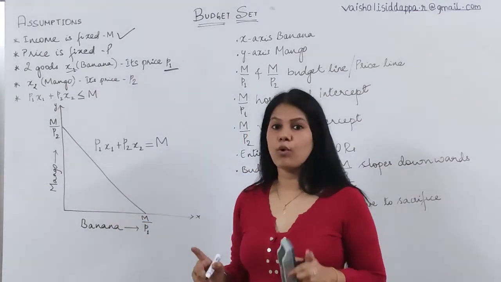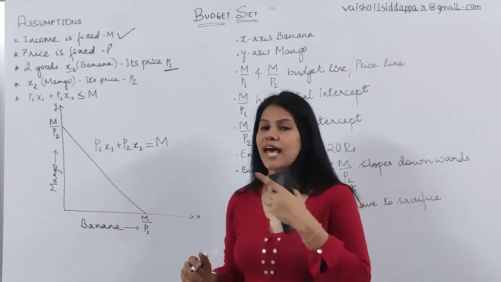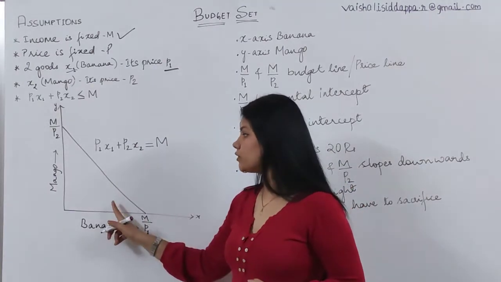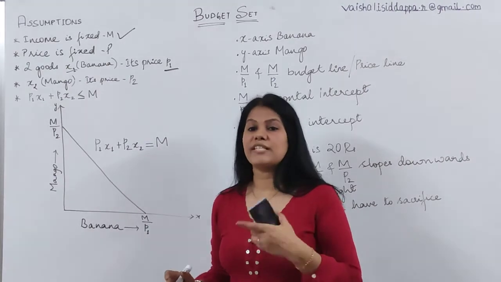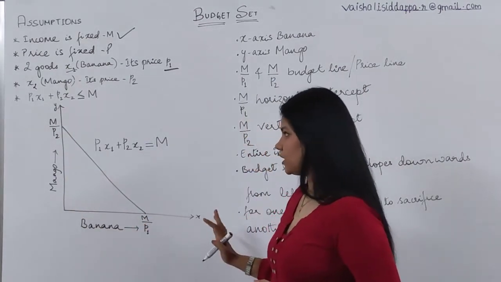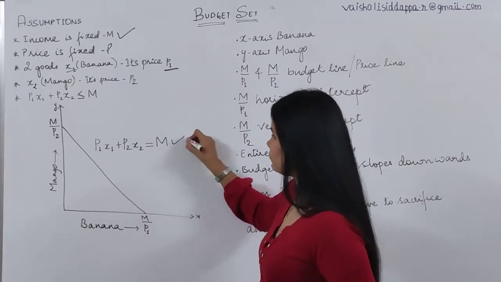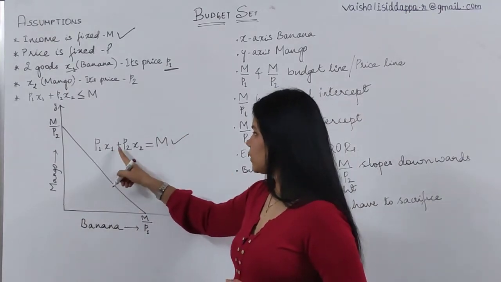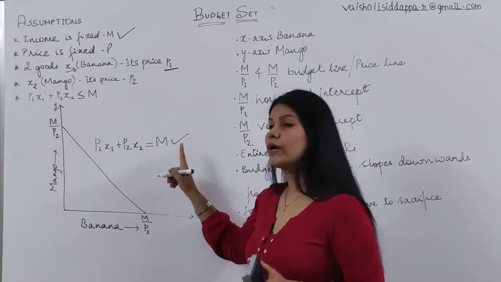I constructed this curve; if you want to know how, you have to see the exact previous video of this class, which is on budget set construction. Now the theory which I have taken, I want to prove only one thing, which is this equation: P1x1 plus P2x2 is equal to M.